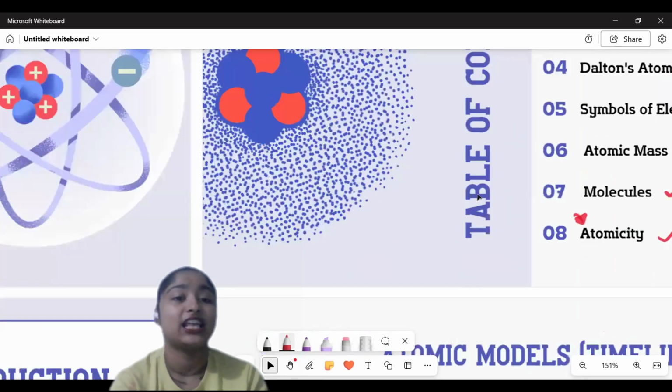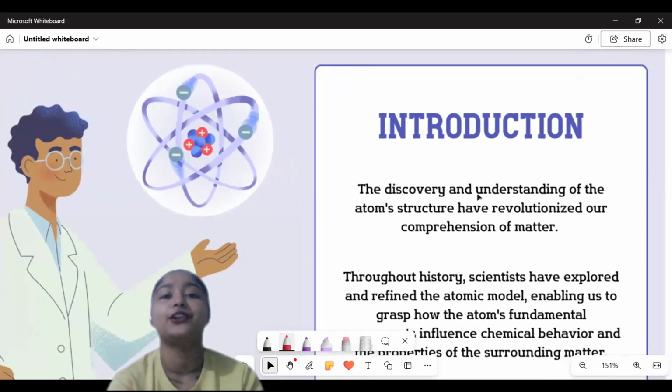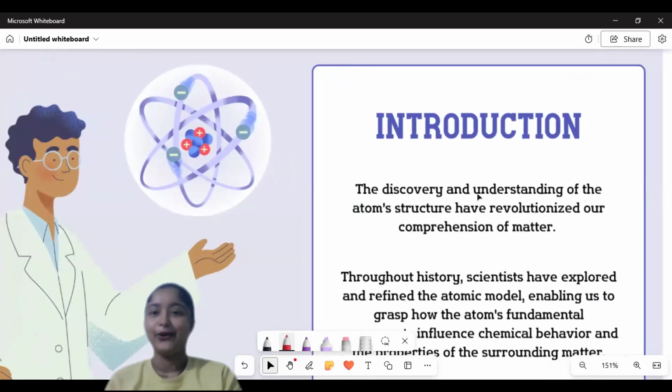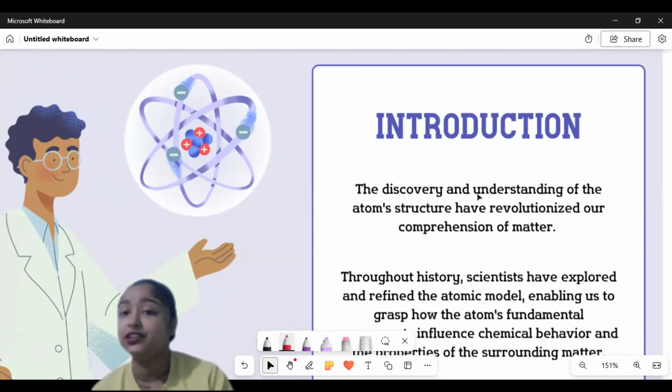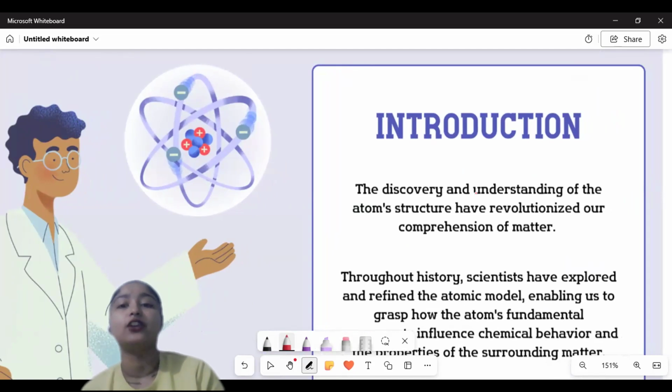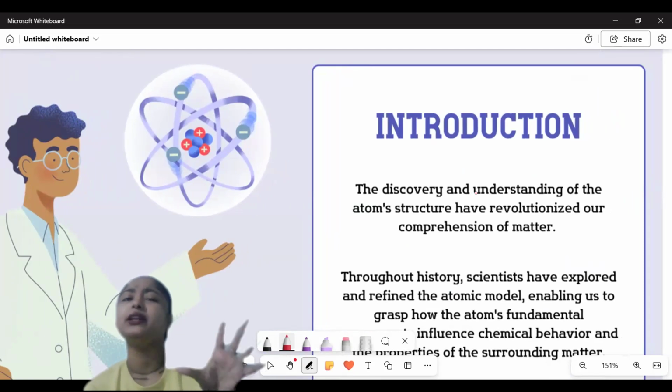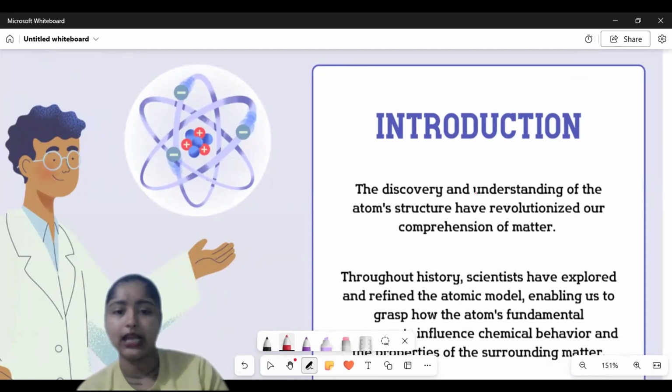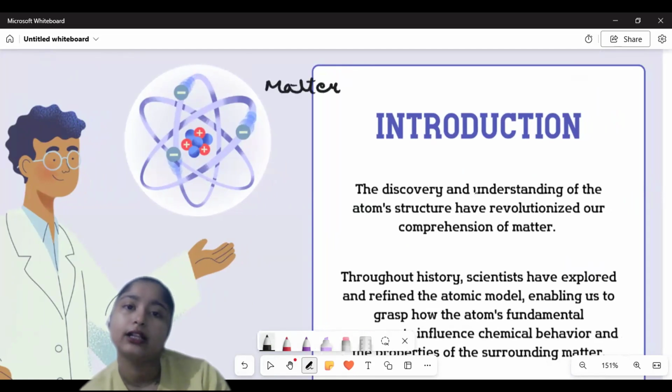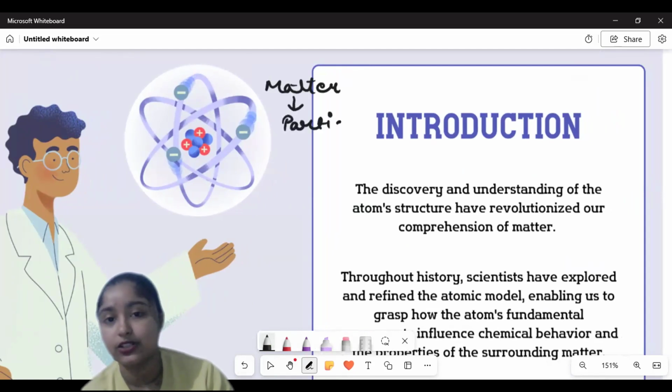Now comes the introduction part of atoms. The discovery and understanding of the atom's structure has revolutionized our comprehension of matter. If I tell you in short, matter is made up of particles, and we have understood the particles of matter.